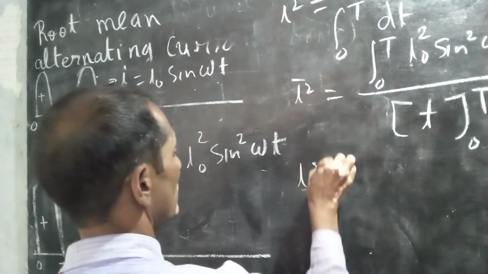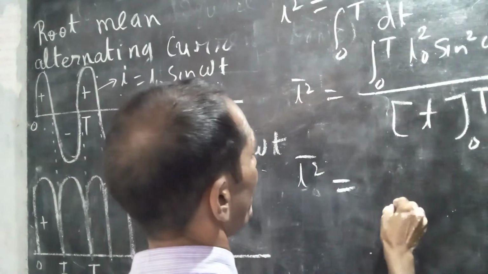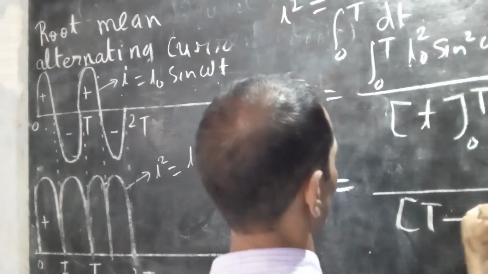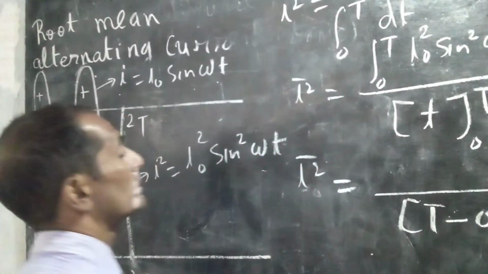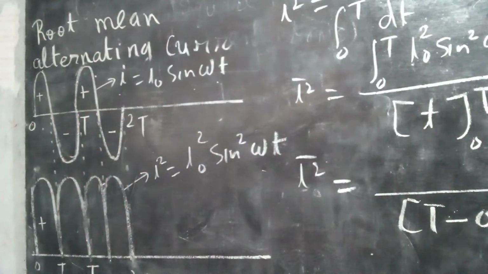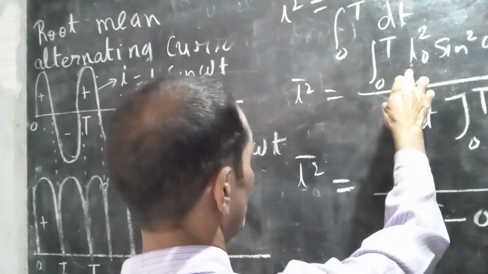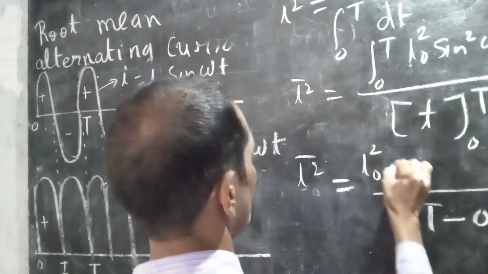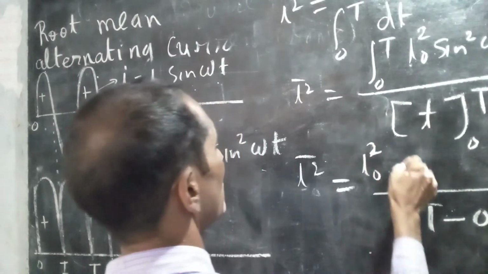So I square bar is equal to integration with upper limit T minus lower limit. The integration of a constant times a function is equal to the constant times the integration of the function. I0 square is independent of t, so constant with respect to t. Take this out of the integration, and you get I0 square.